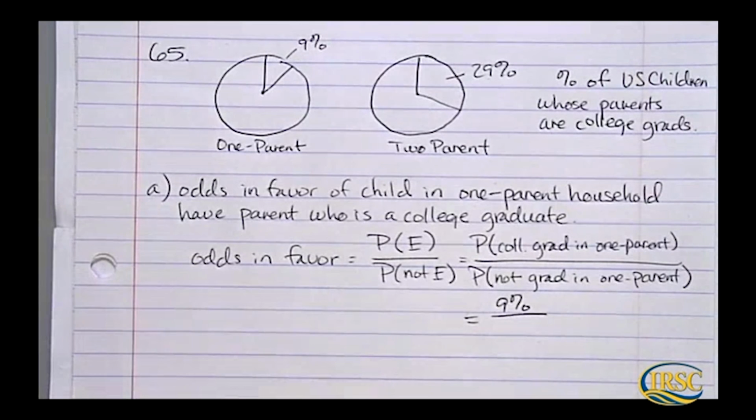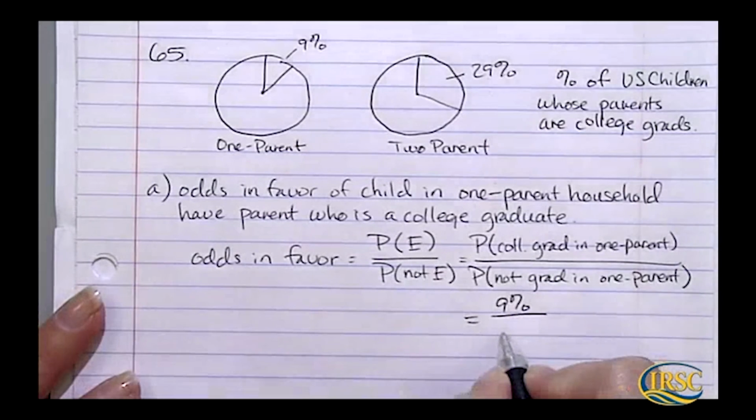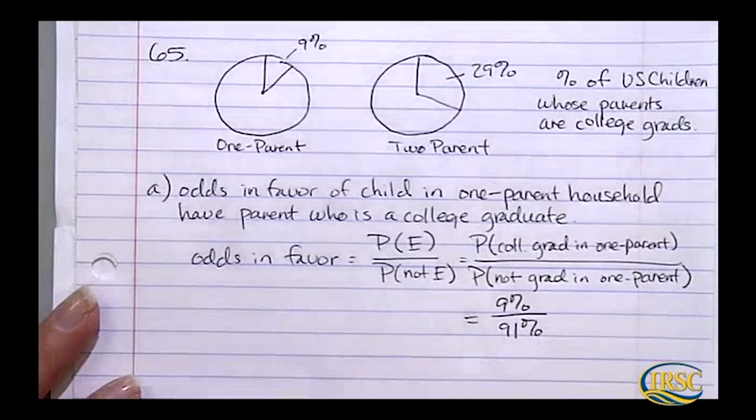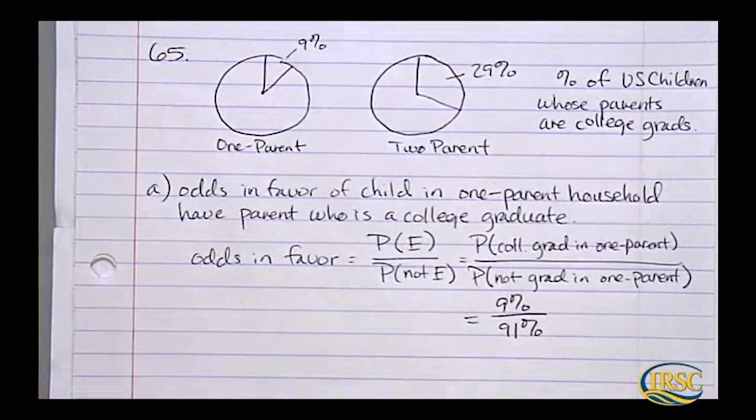And so what is the probability that they're not a graduate in a one-parent household? 91%, right. Okay, because it's got to add up to 1 or 100%. If you guys think about that, 100% equals 1.